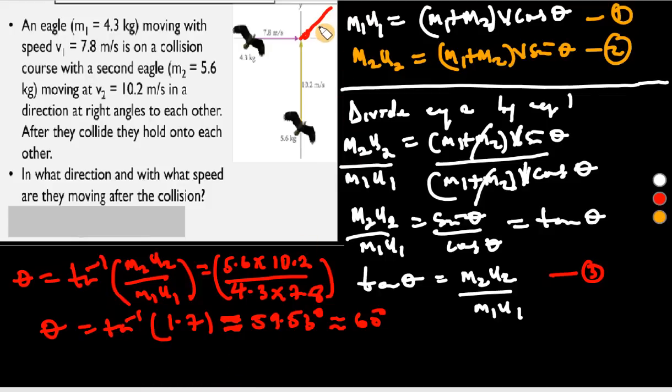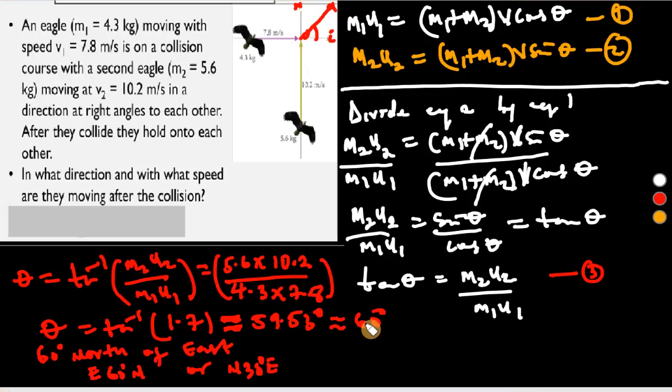Of course, you now see that this is north, this is east, and this is northeast. So how can we represent it? The direction is 60 degrees from this horizontal. If you want to make it more elegant, from this cardinal point northeast, we have found this angle is 60 degrees north of east.